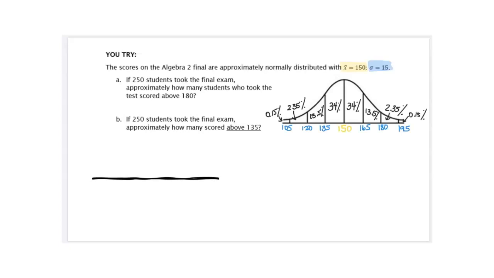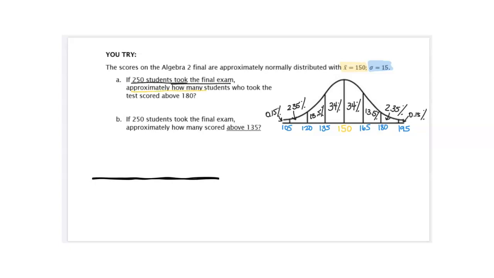Part A: if 250 students took the final exam, approximately how many students scored above 180? The 250 is the total number of people who took the exam.